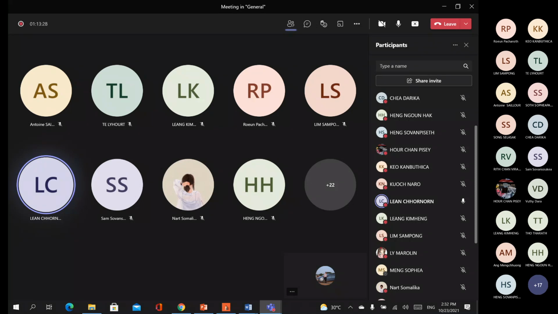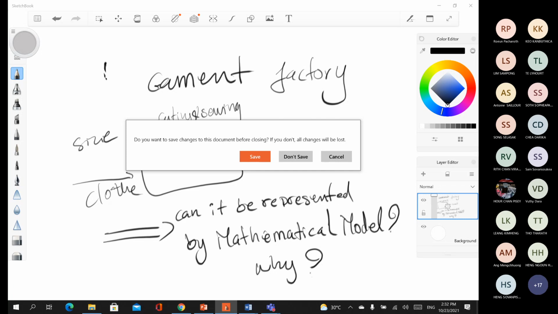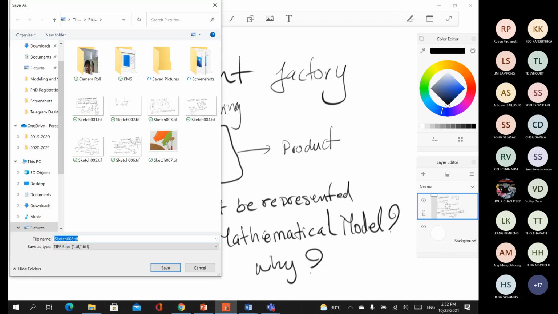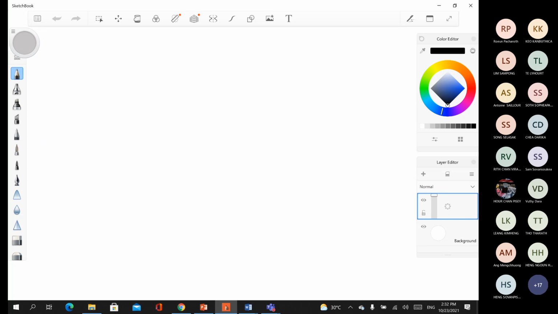Okay, this is your answer. You said yes, and the reason you said that a step can be represented. So let me draw how the system works, and I will ask you to confirm whether your answer is correct or not. In our system we have input as the size and the clothes.